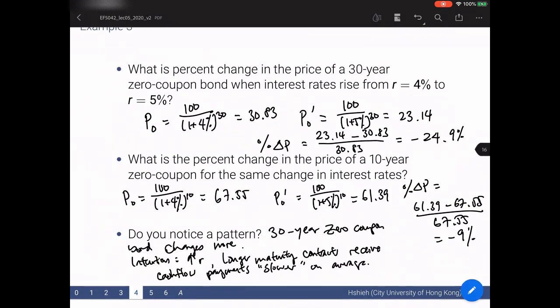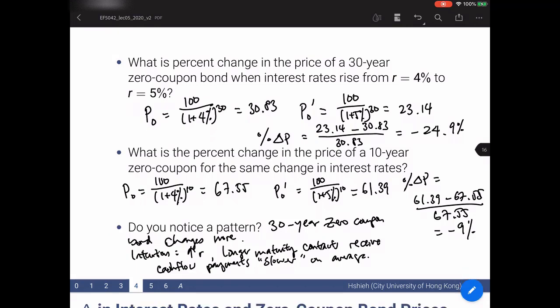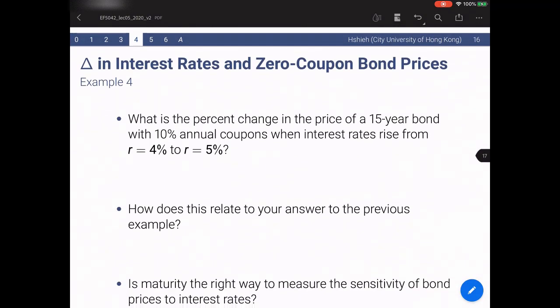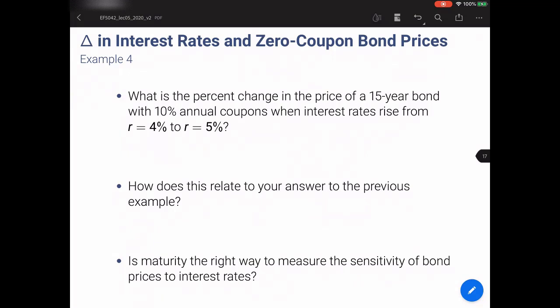Okay, so let's evaluate a situation in which we have coupon payments and compare that with a zero coupon bond. In example 4, we're going to try to quantify the percent change in the price of a 15-year bond with a 10% annual coupon payment rate, with interest rates that rise from 4% to 5%.